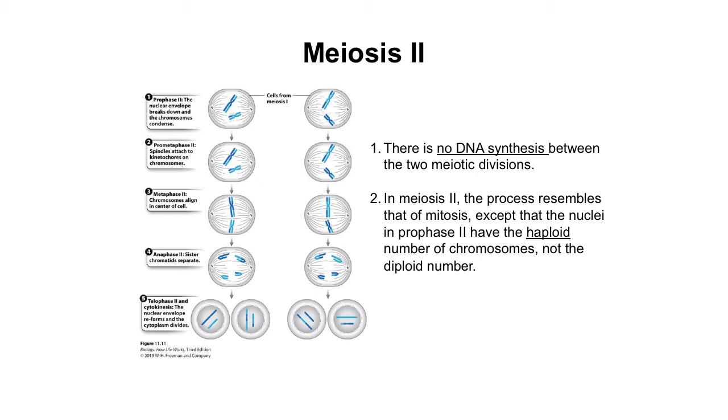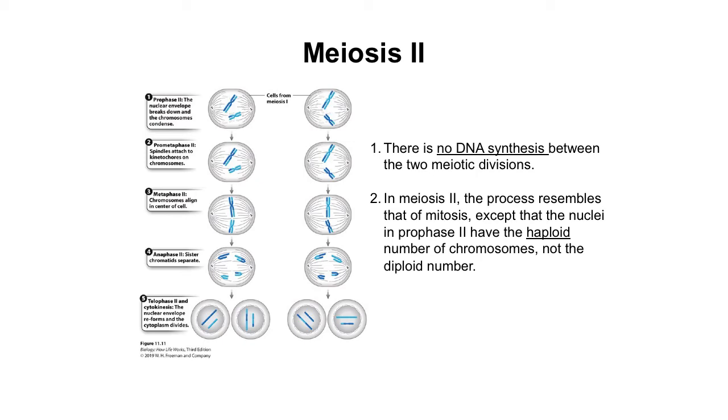meiosis is meiosis II. And meiosis II is essentially equivalent, in terms of the behavior of the individual chromosomes, to mitosis. So there's no need for me to belabor the stages here, for interest of time.